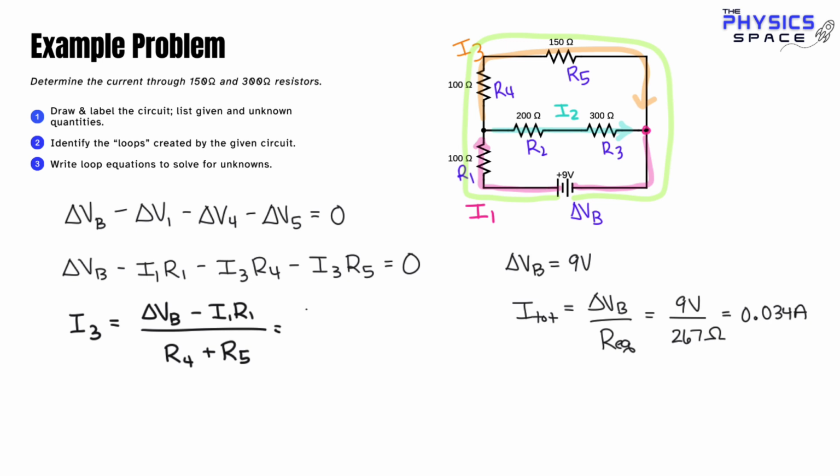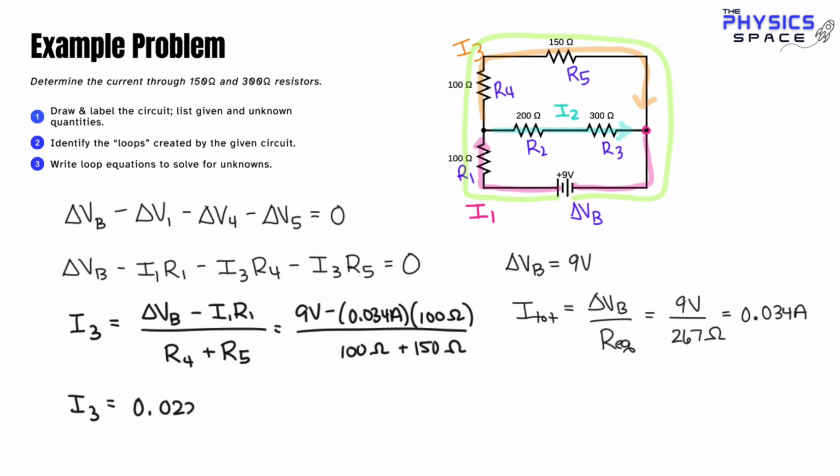Let's go ahead and plug those numbers in and see what we come up with for an answer. So 9 volts, minus 0.034 amps times 100 ohms, divided by 100 ohms plus 150 ohms. So that gives us a current through that resistor that is equal to about 0.022 amps.